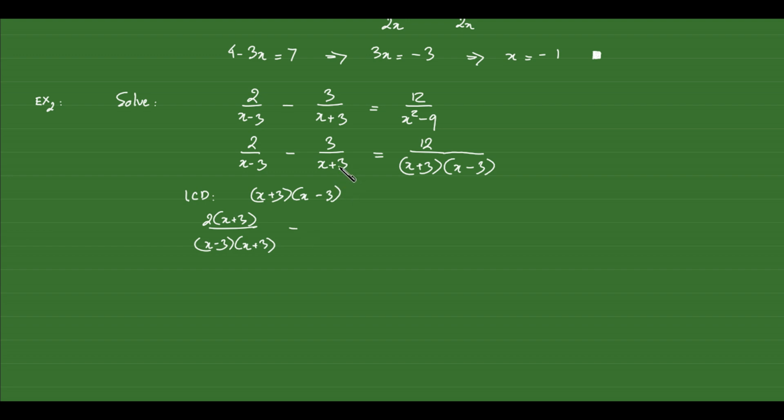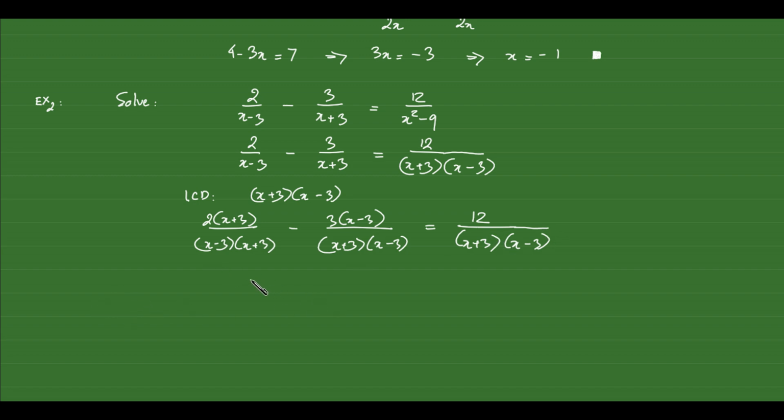And over here you multiply the top and the bottom by x minus 3 because they're missing the x minus 3. And over here you don't have to multiply because they're not missing anything: x plus 3, x minus 3.